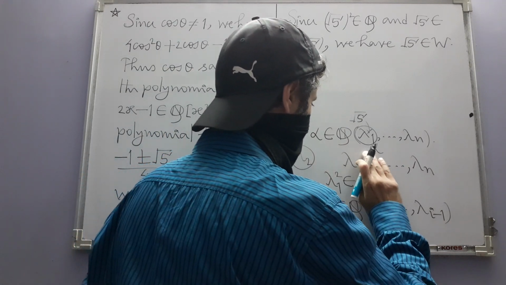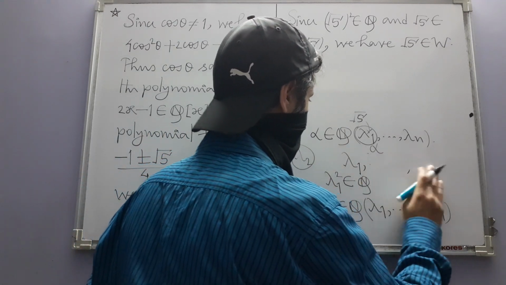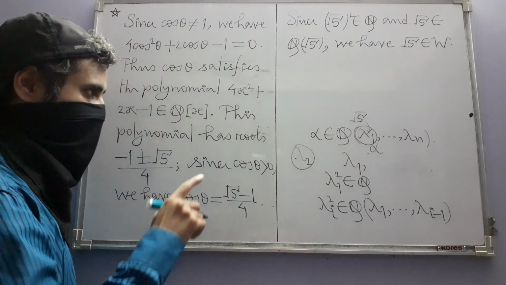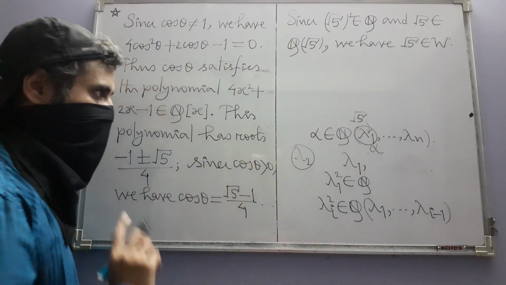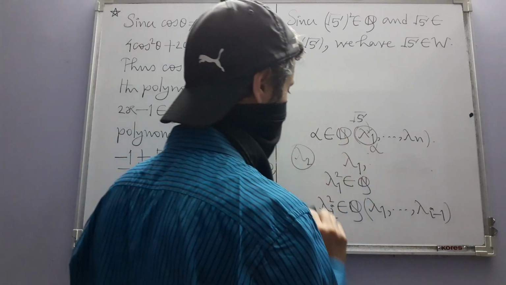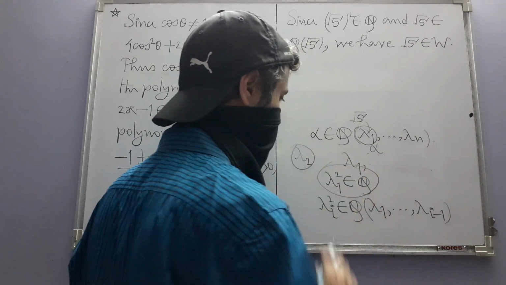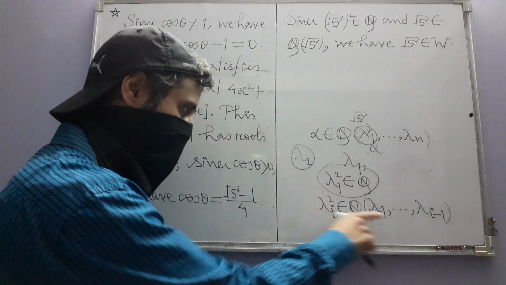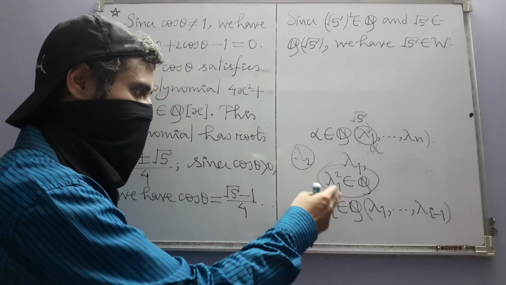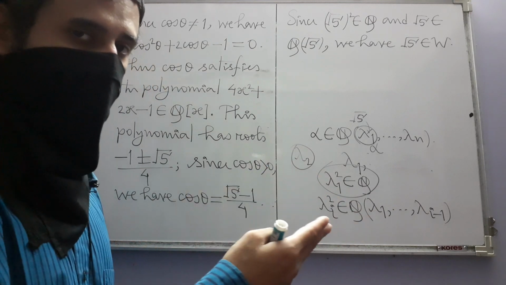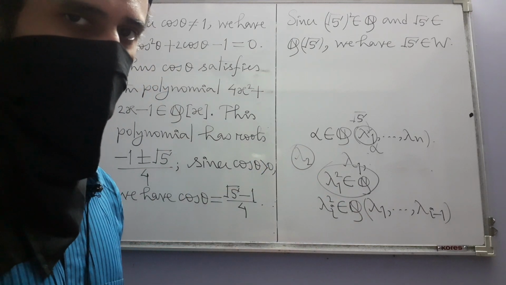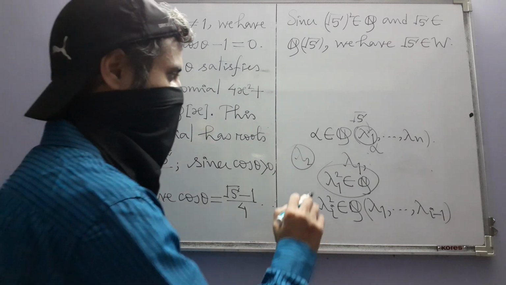So say my list is just this single lambda 1, which is root 5. Are these conditions true for this lambda? The first condition of course is true, and there is no other condition like that after that, because there is no other lambda with higher suffix value. Okay, no lambda 2 or lambda 3.